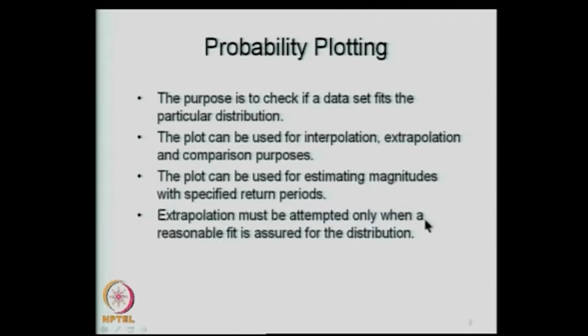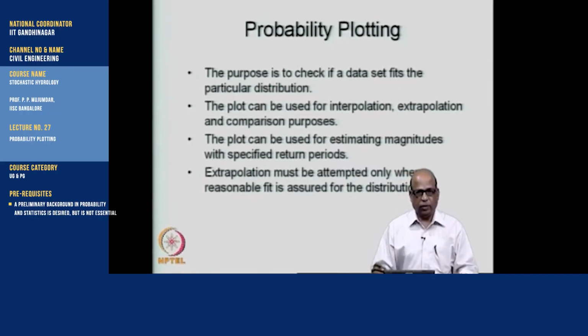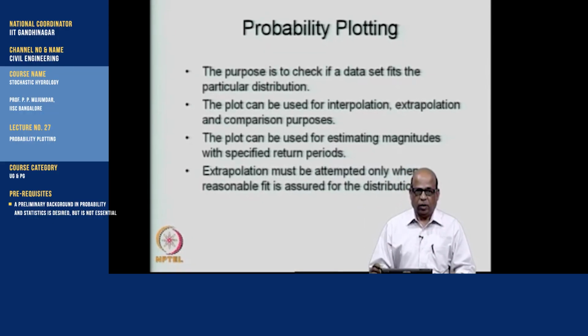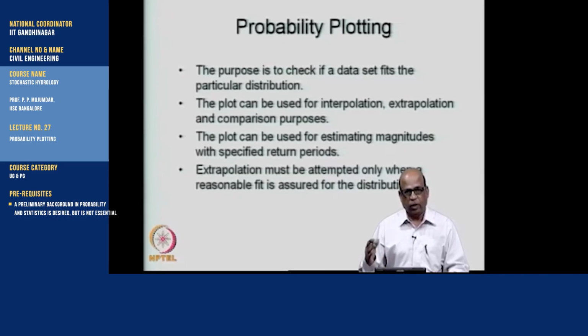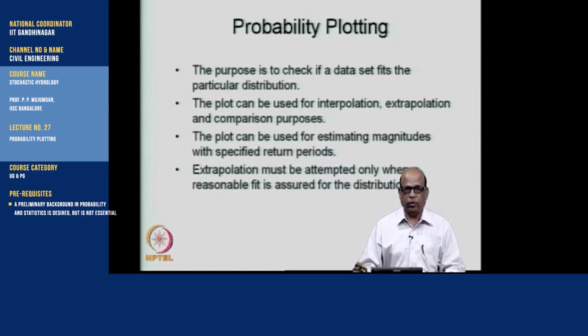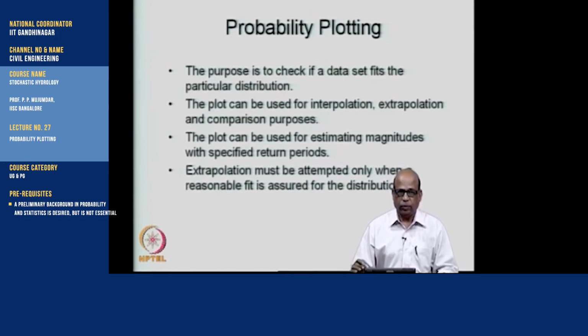So, the purpose of the probability paper is to check if a data set fits a particular distribution. Let us say you have exponential distribution probability paper that we discussed in the last lecture, and you have normal distribution probability paper. Similarly, you have typically Gumbel's distribution. In hydrology, mostly we use normal and Gumbel distribution.